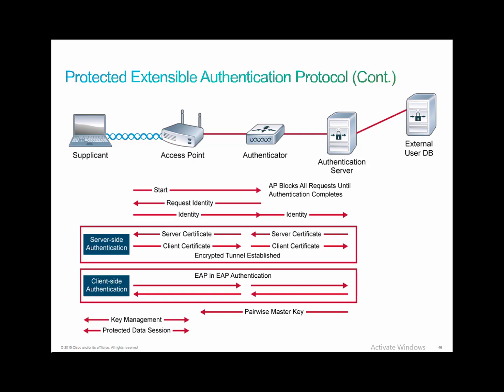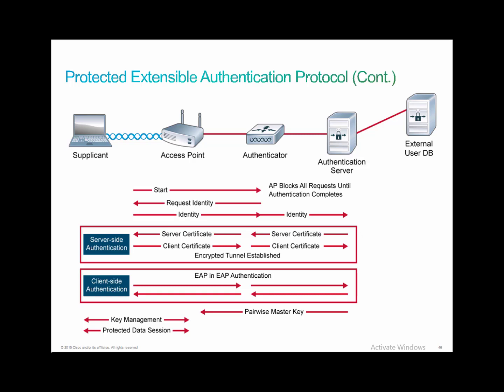At this point, just like all the other EAP methods, both the server and the client have proven their identities, and they have a way of exchanging encrypted messages. So the authentication server and the client at this point have exchanged all their values.